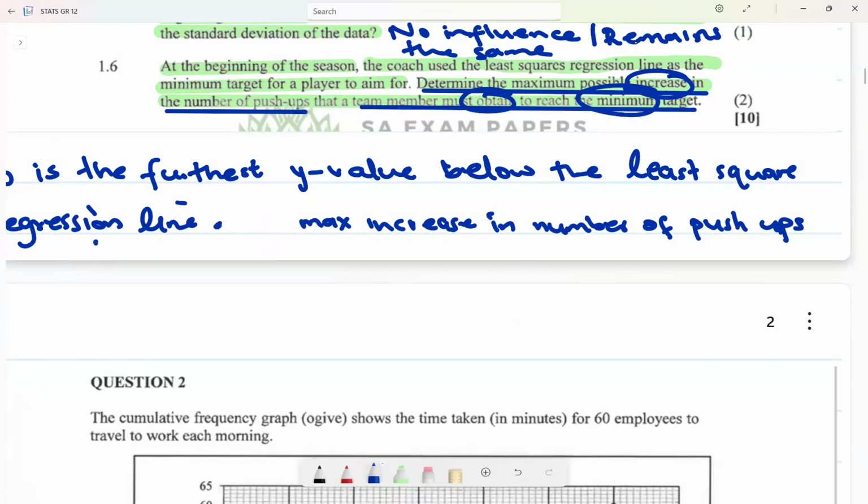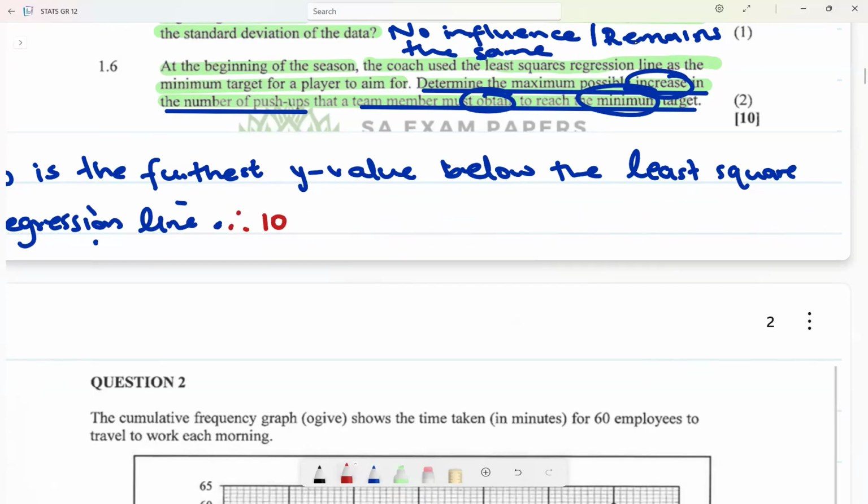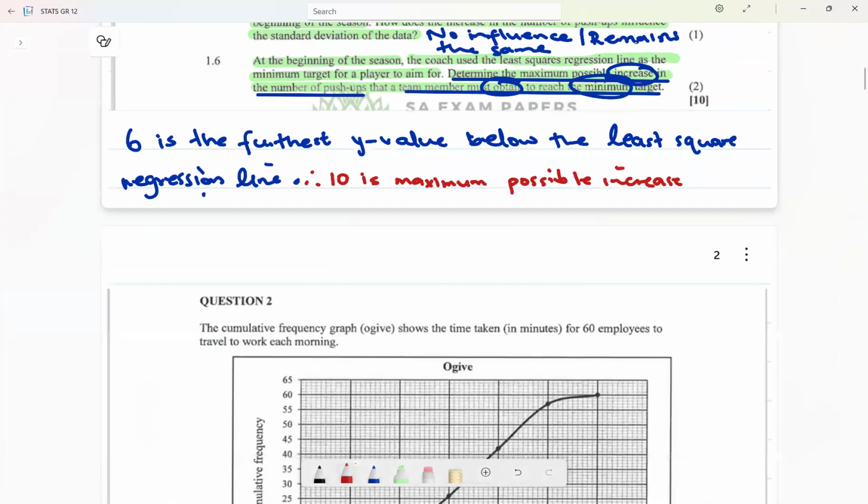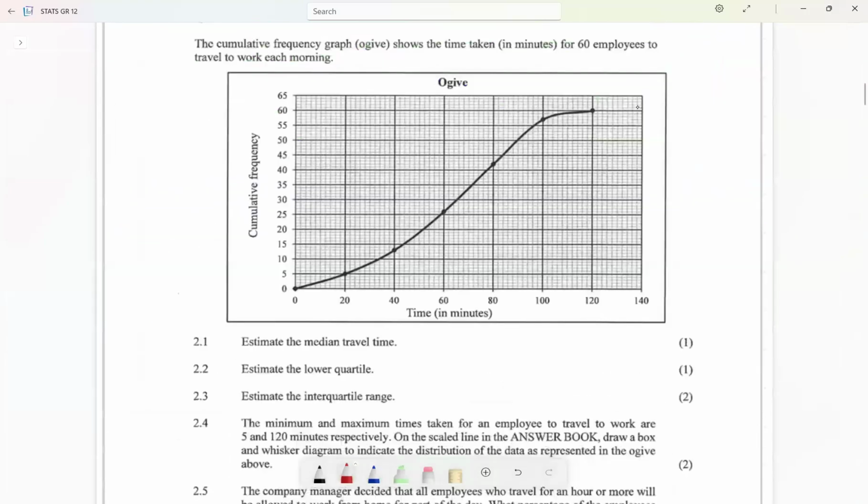Okay, 10 is the maximum possible increase in number of push-ups, you know that, right? So this is basically so that you understand exactly what's happening. Let's move on to question 2.